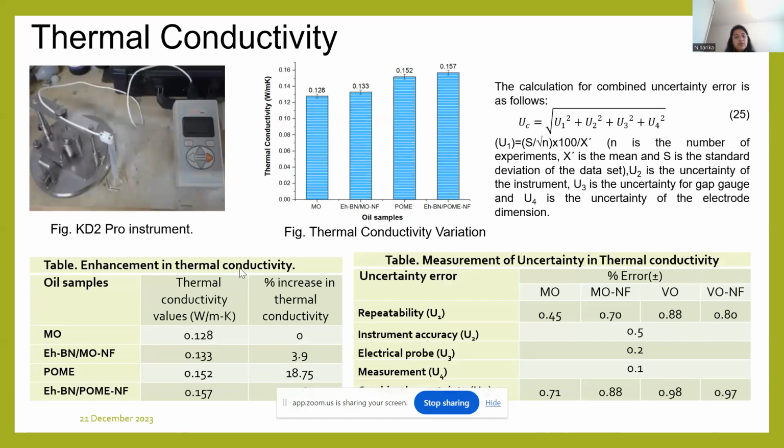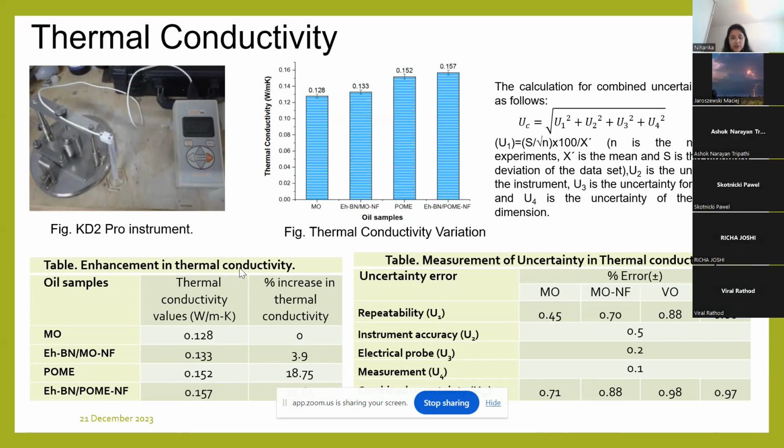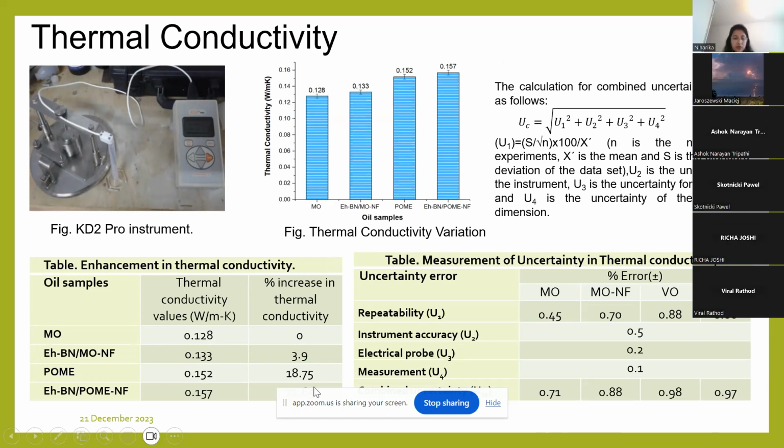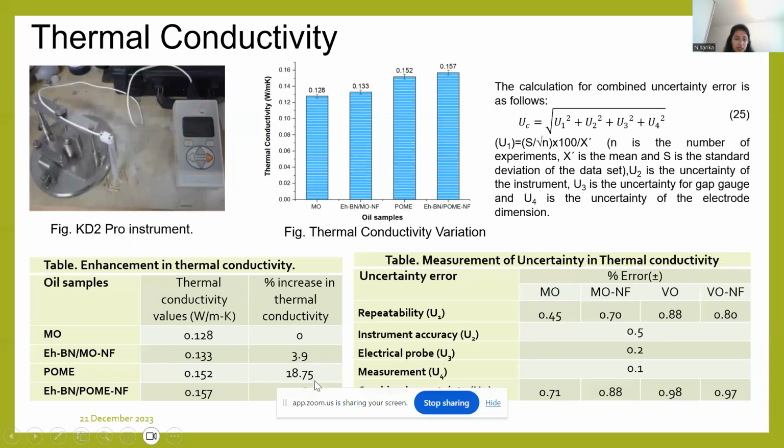Now, thermal conductivity is another property which is very important when we are talking about the cooling of the transformer using the insulating oil, because that oil serves as an insulation as well as a cooling medium. With the addition of the nanoparticles, we can see that the thermal conductivity has increased. We can see the percentage increase of the thermal conductivity for the mineral oil based nanofluids and the Pongamia oil methyl ester based nanofluid.